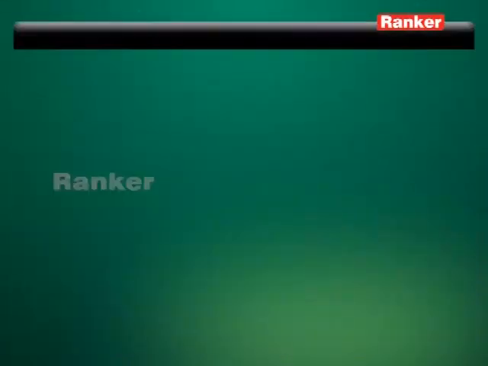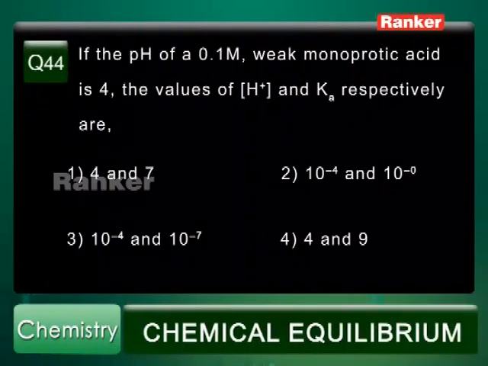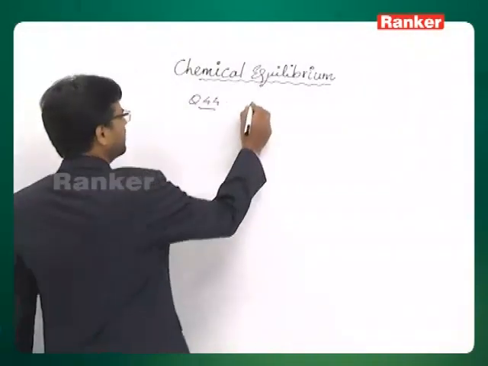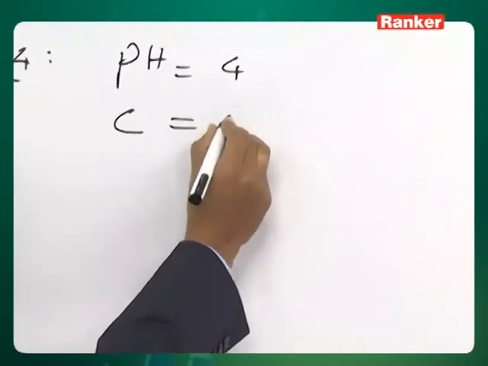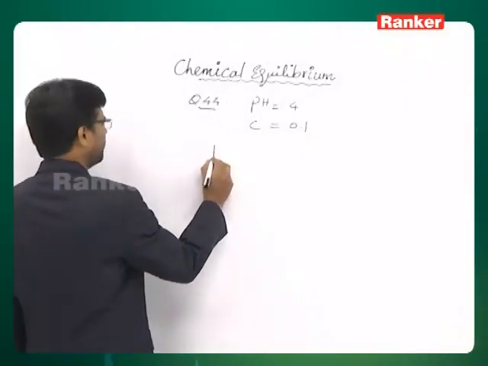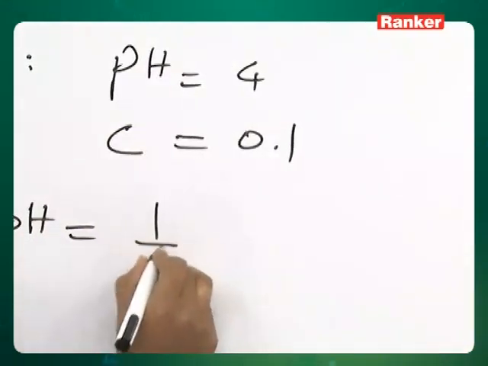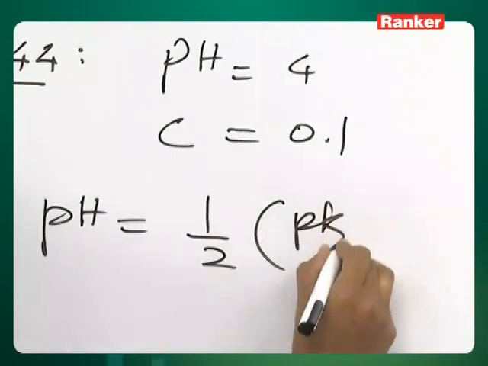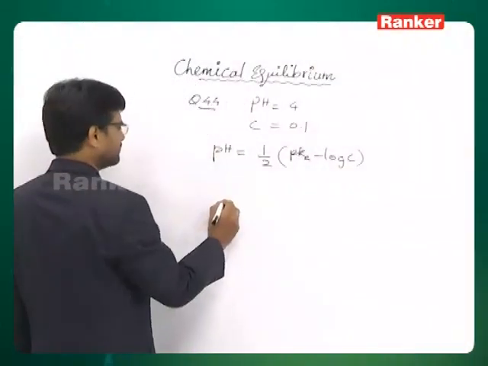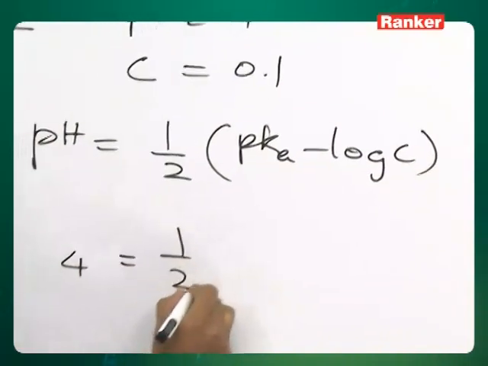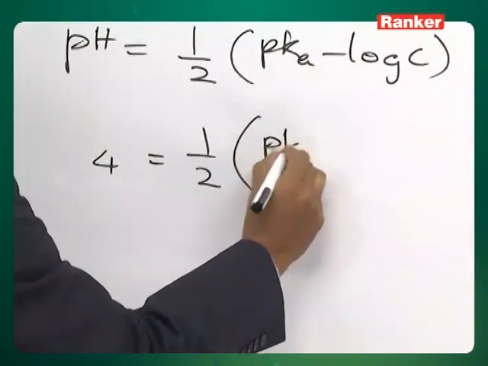Question number 44. If the pH of 0.1 molar weak monoprotic acid is 4, the values of H plus and Ka respectively are. See, the pH is given as 4, concentration as 0.1. The formula we are going to use is pH equals half into pKa minus log C. So pH is 4 equal to half pKa.